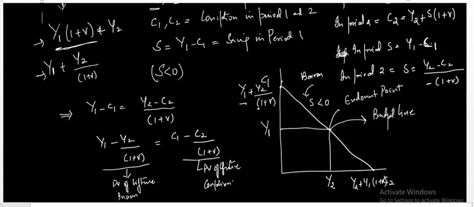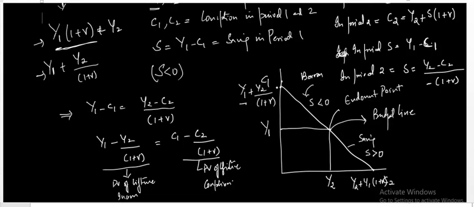Therefore the consumer has to borrow this amount to consume in period 1. Now over here the consumer is postponing his consumption and is consuming everything in period 2. In this case the consumer is saving, therefore the savings are going to be greater than 0. So these are the three important points that we need to understand.